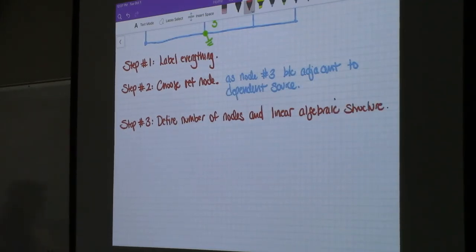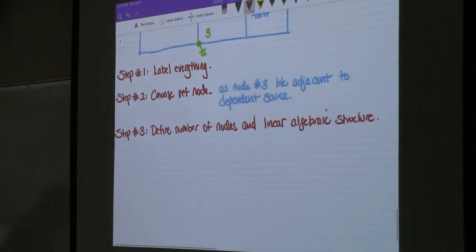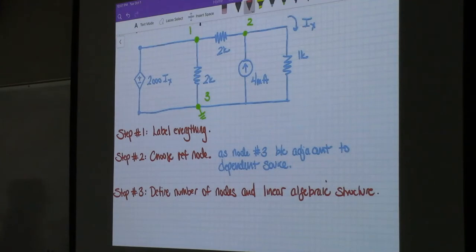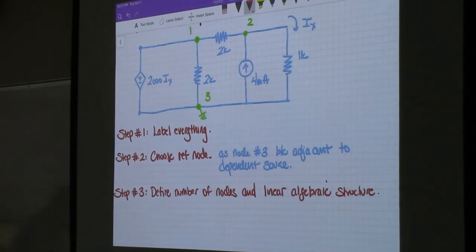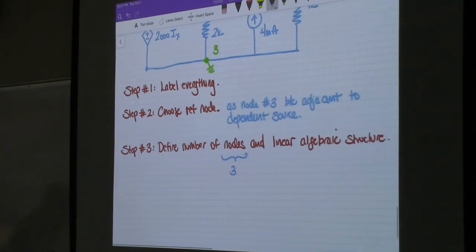Okay, so let's define the number of nodes and then the linear algebraic structure. How are these going to look as matrices in the end? So first things first, the number of nodes here is 3. We know that.